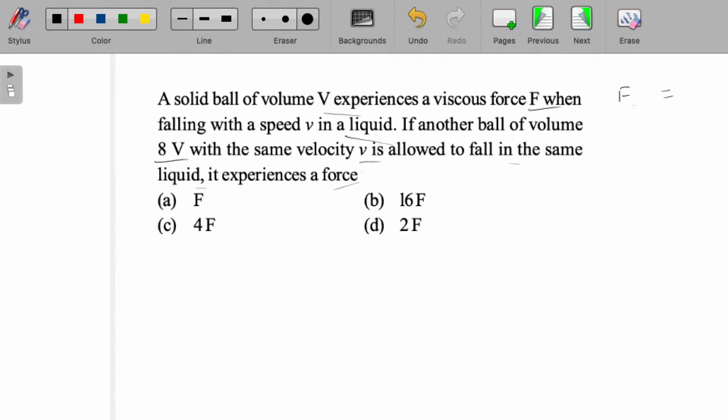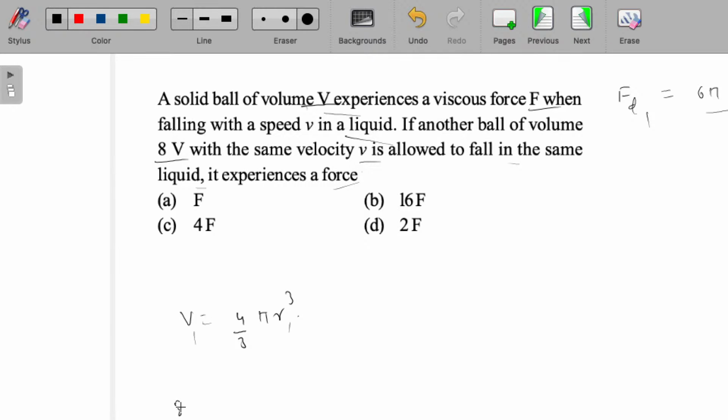So the viscous force or the drag force is given as 6 pi eta R V. So due to the first ball, it's going to be 6 pi eta R V. Let's take the volume V. Then the volume V corresponds to 4 by 3 pi R cube, right? Let's say it is R1 cube corresponding to V1.